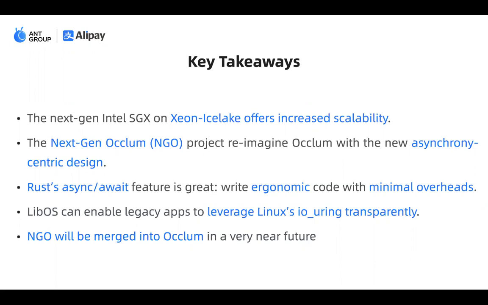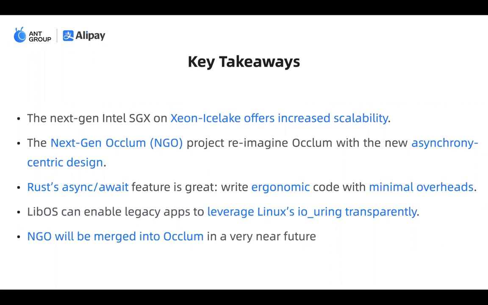And one benefit of using I/O ring behind the scenes is that we can enable legacy apps to leverage Linux I/O ring. Usually, for a Linux application to use I/O ring, you have to make changes to your application, and the change could be structural changes to your program.